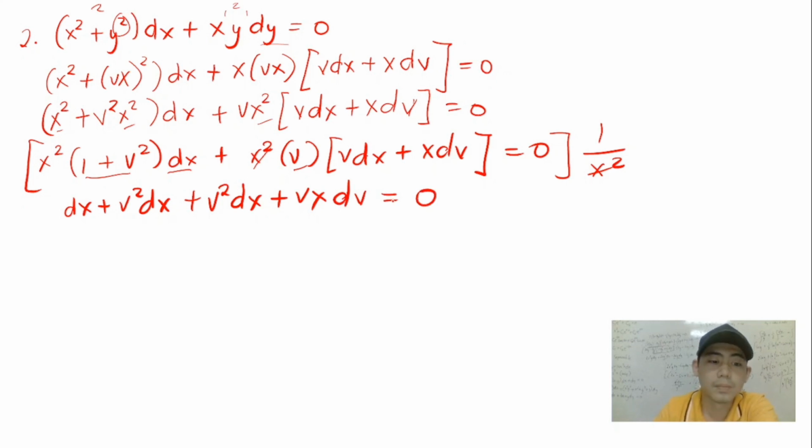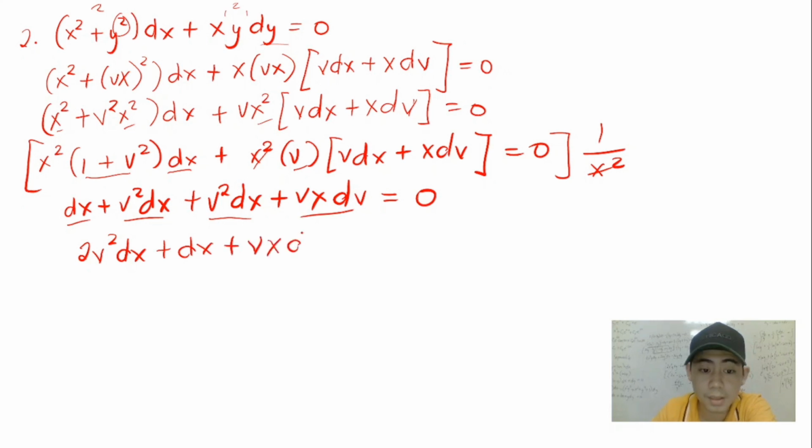If you notice, it has similar terms. Combining similar terms, v squared dx and plus v squared dx, therefore 2v squared dx. Copy plus dx plus, copy again, vx times dv is equal now to 0.